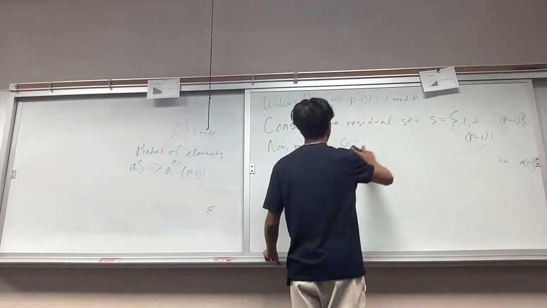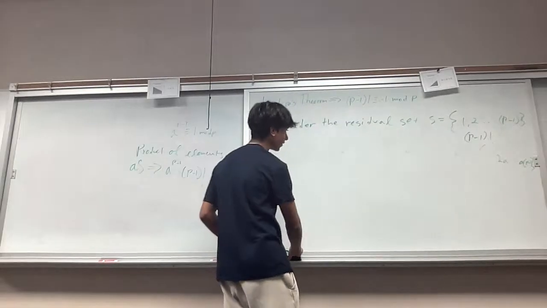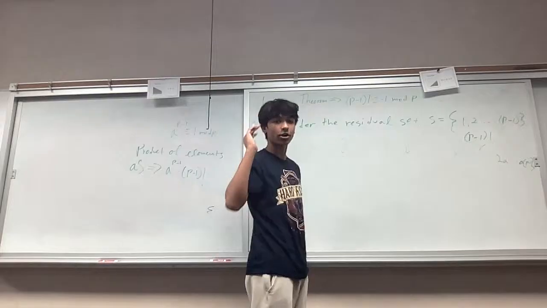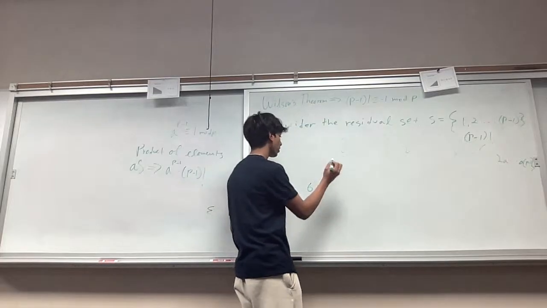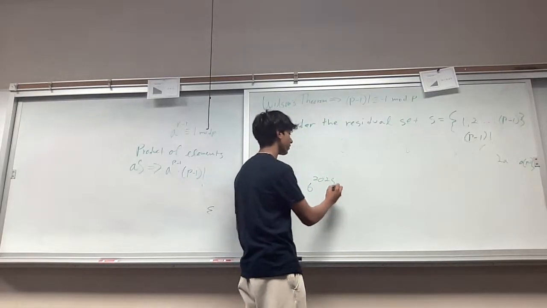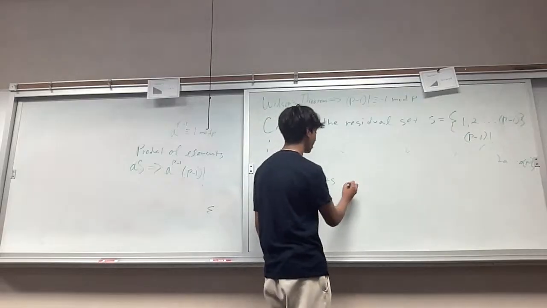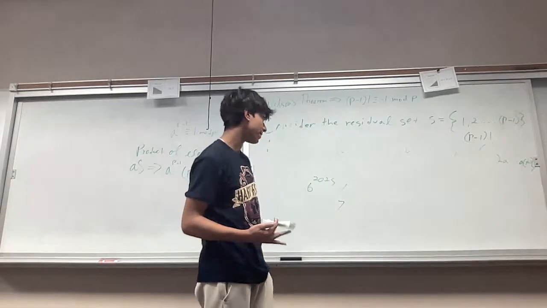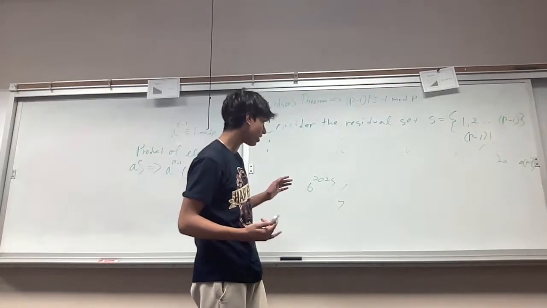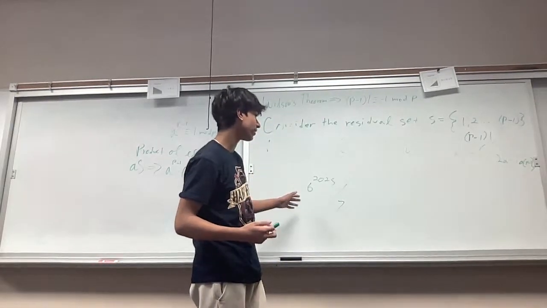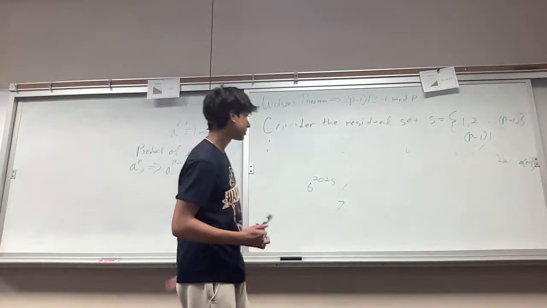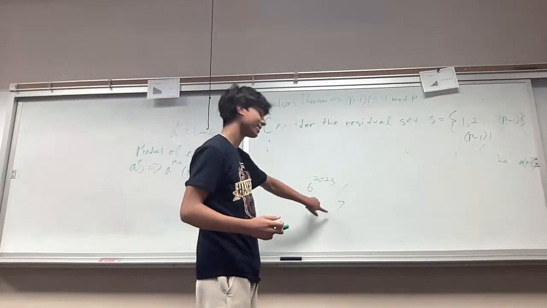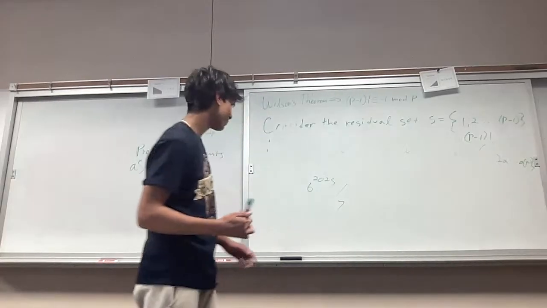If you recognize, say, what's the remainder when you divide some outrageously large power, like 6 to the 2025, by 7, it's going to be a lot easier if you get to 1, because 6 and 7 are relatively coprime.